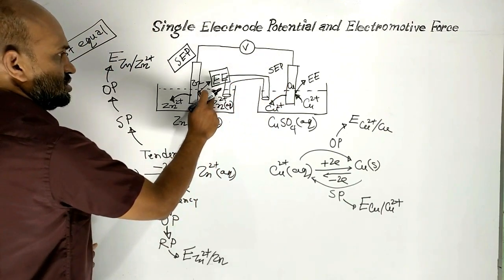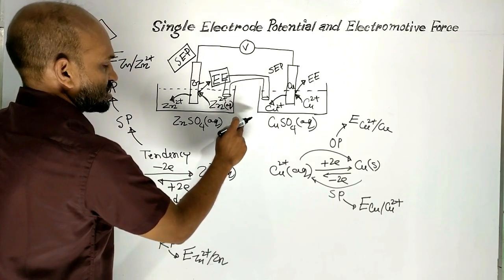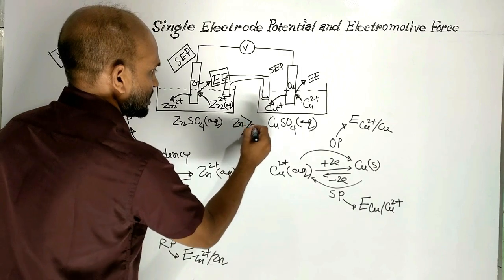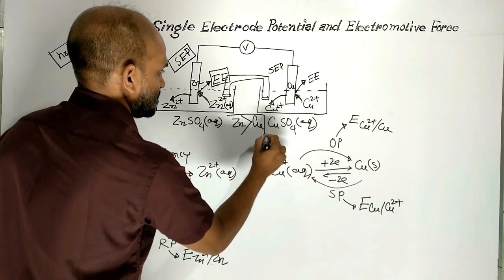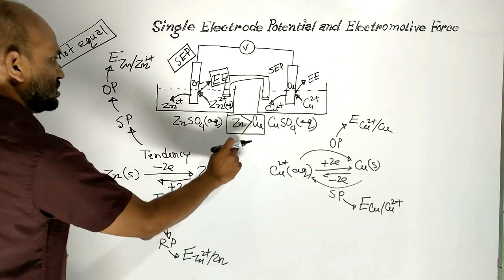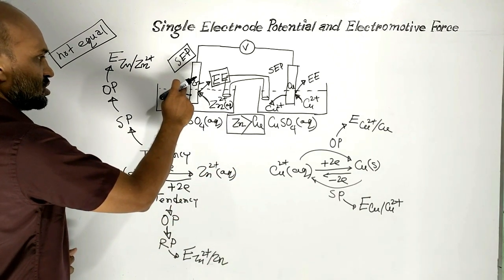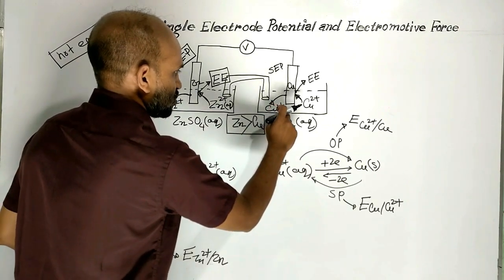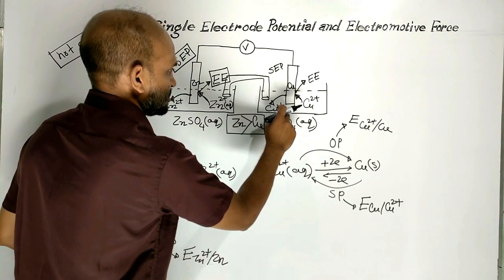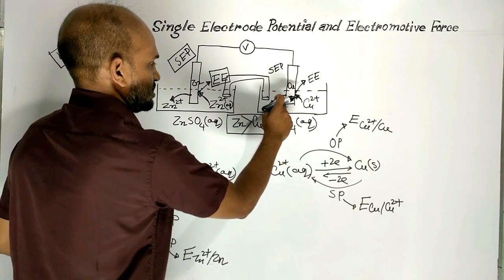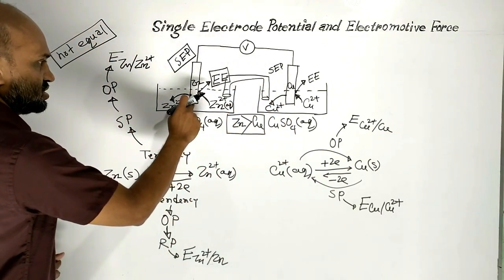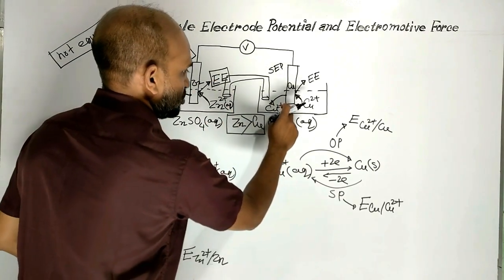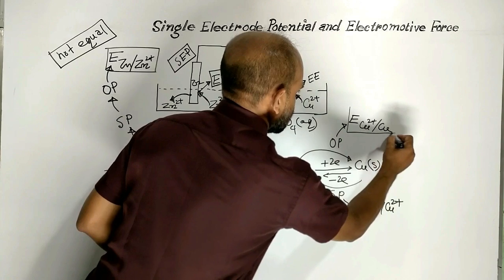Now this is a complete circuit in which zinc is more reactive than copper. So, the zinc electrode will undergo oxidation, and here the copper solution will experience reduction. That is, here we will see oxidation potential, and here we will see reduction potential.